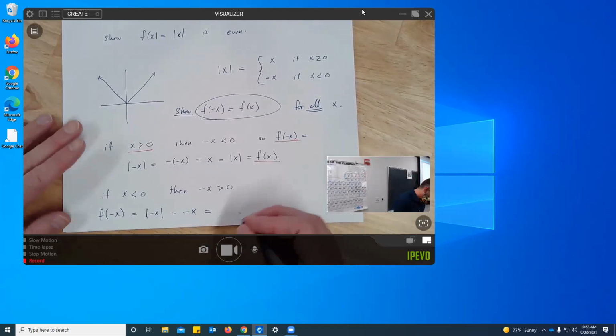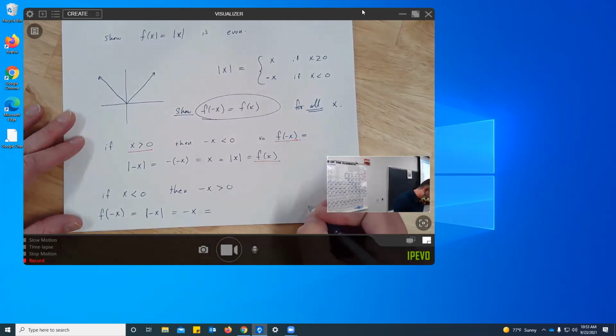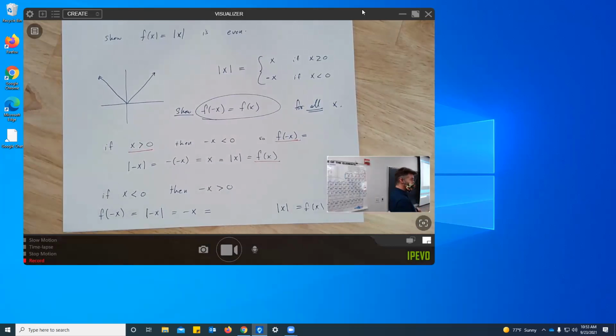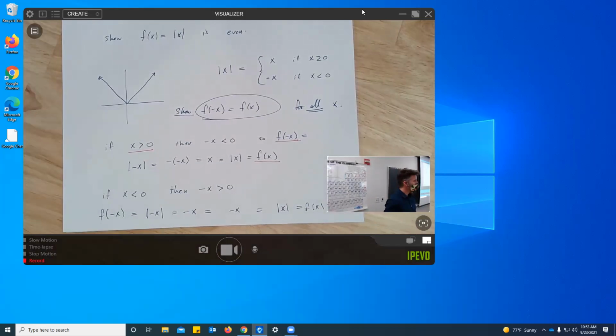So let's just write it over here. I guess we can work backwards. F of x is equal to the absolute value of x, but x is negative. So the absolute value of x should be the negative of x. And that works. Tricky, right? It feels tricky.